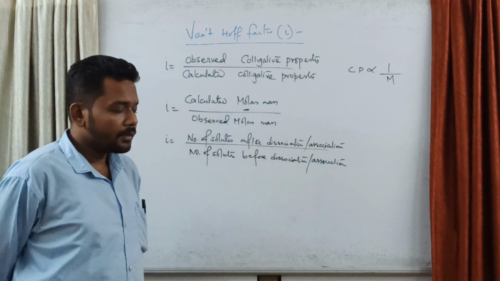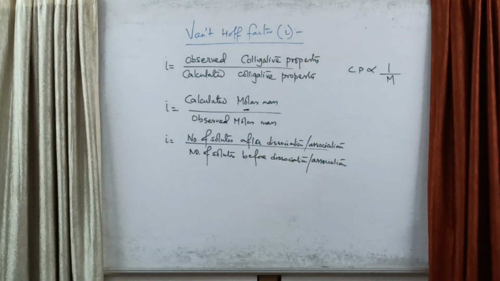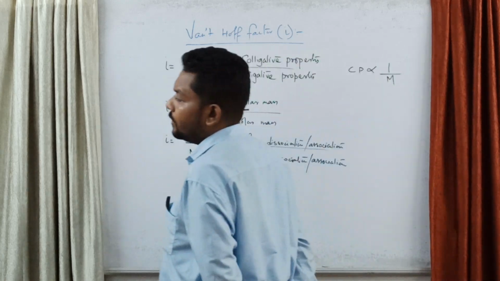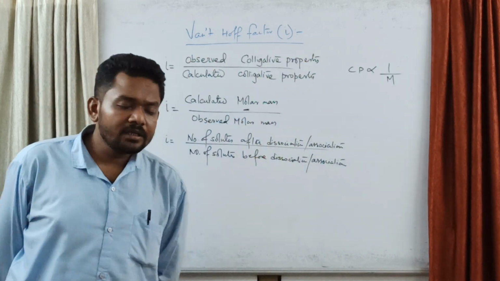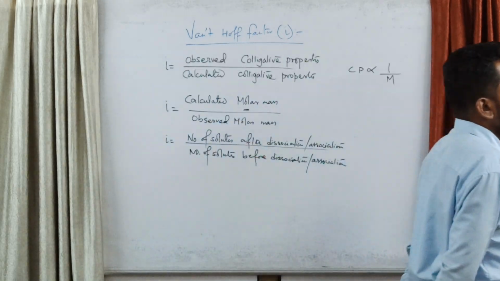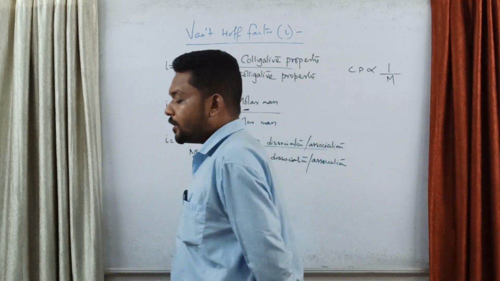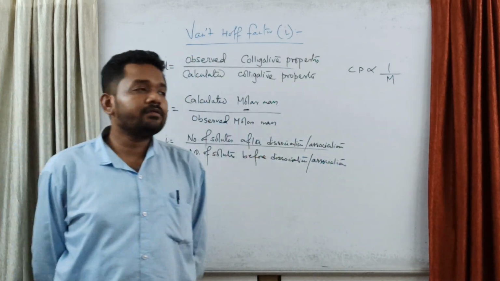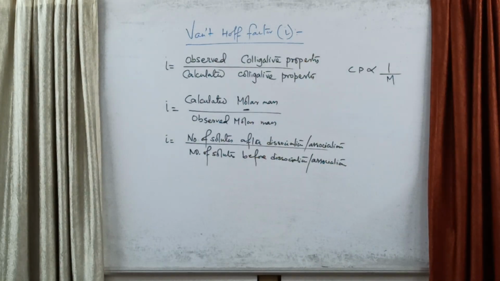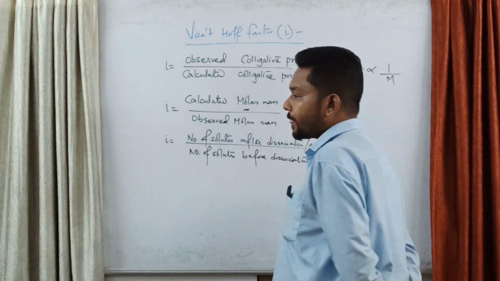So write down, if i equals to 1, it signifies there will be neither association nor dissociation. That means the solute is non-electrolyte.